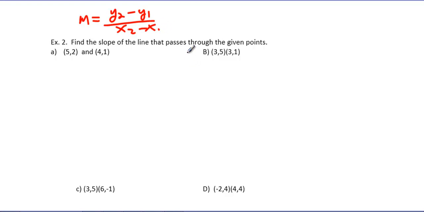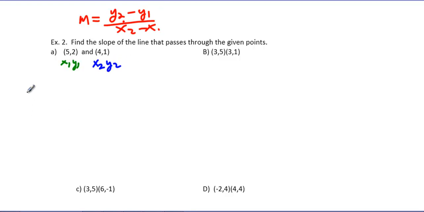Okay. So as I go to do this, I'm going to go ahead and take a look at the points that I have. My first point, we know x is first, then y, so we would call it x1, y1. And my second point, I would call x2, y2.